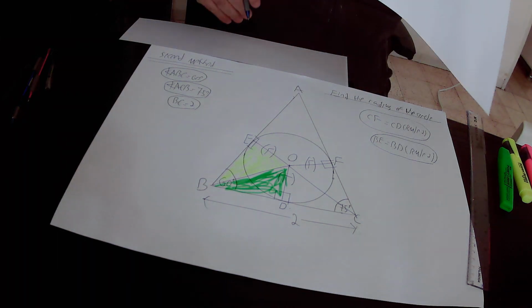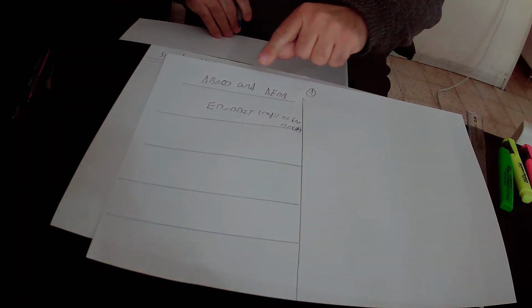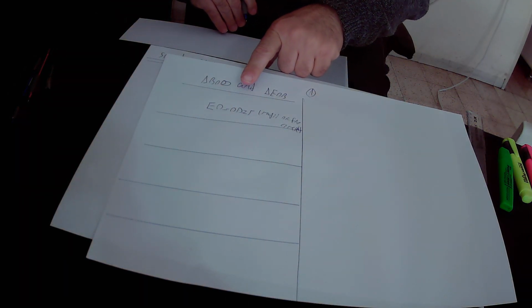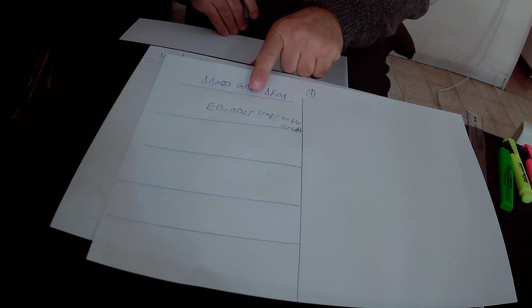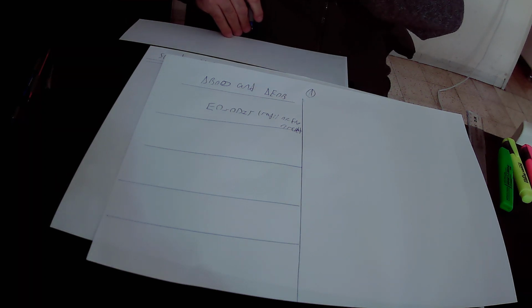Repeat again. Side EO of the yellow triangle equals to side OD of the green triangle. They're both equal to R because they are the radii of the circle.